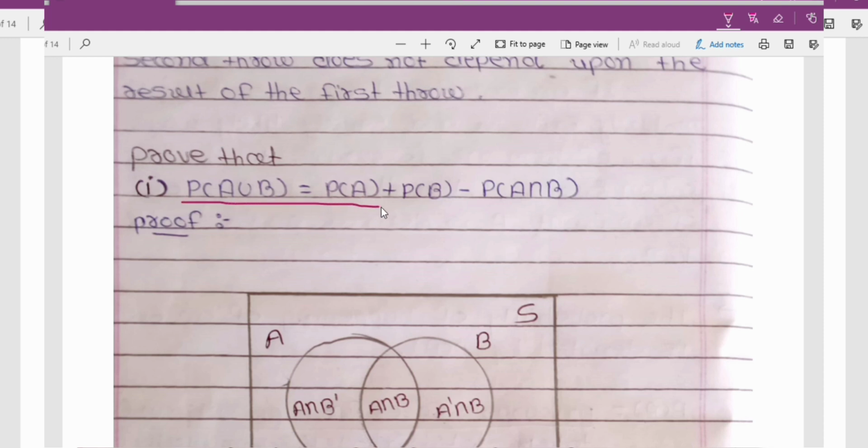Then we can see the proof. P(A union B) equals P(A) plus P(B) minus P(A intersection B). Now see the proof.